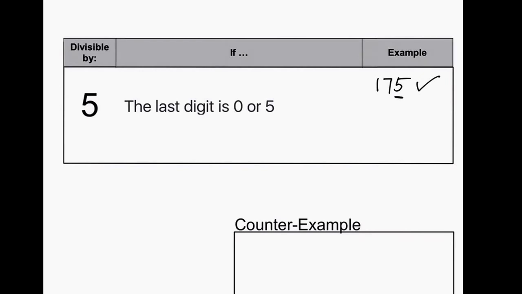Let's say I have 19500. The last digit is 0, so it is also divisible by 5. For a counter example, maybe I come up with 809. Once you see the last digit is not 5 or 0, we will know that it is not divisible by 5.